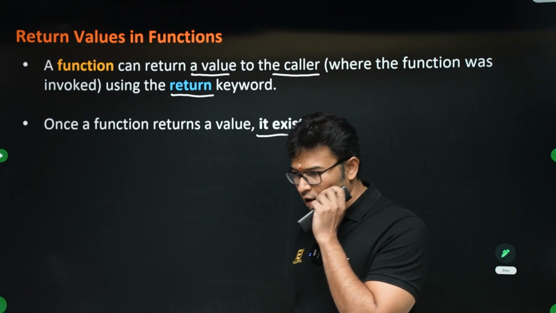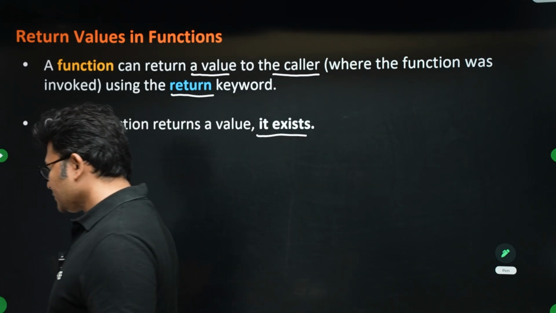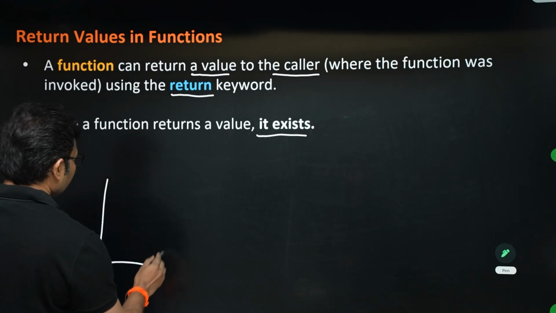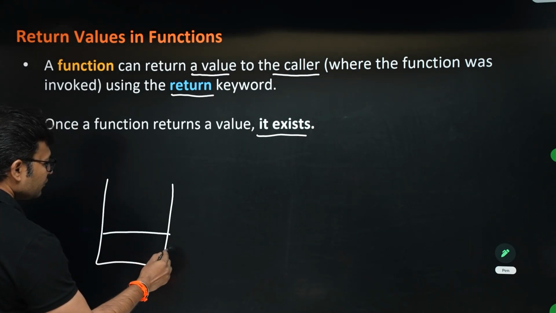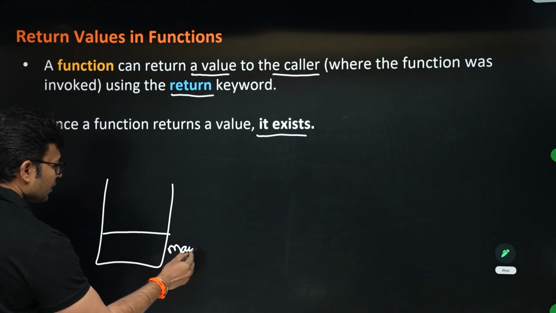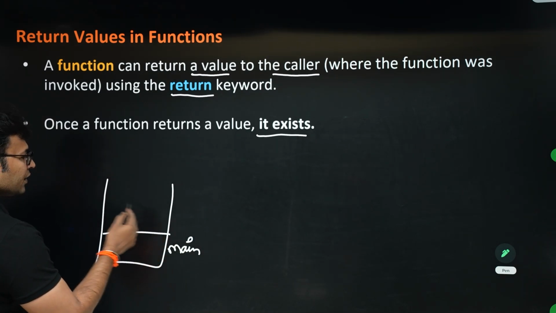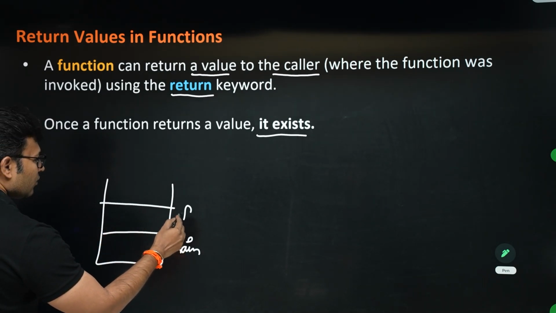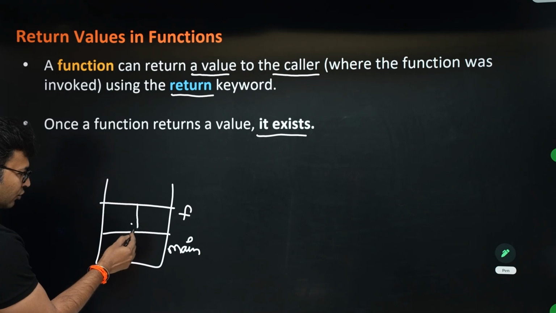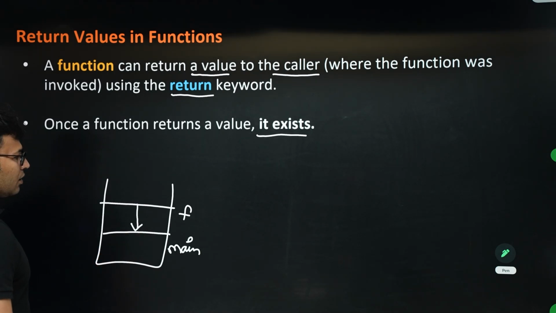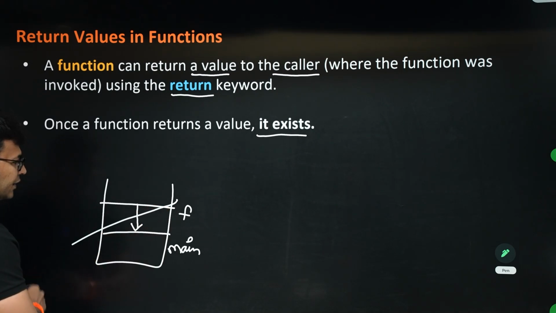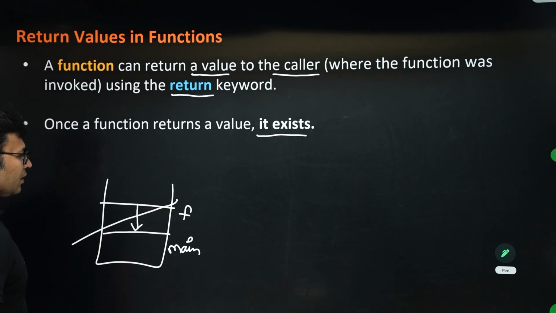For example, generally what happens is, let us say this is the main function, and the main function is calling a function f. Now this f will run throughout. It will run its code, and then this activation record will be deleted, popped off from the recursion stack, or normal stack.